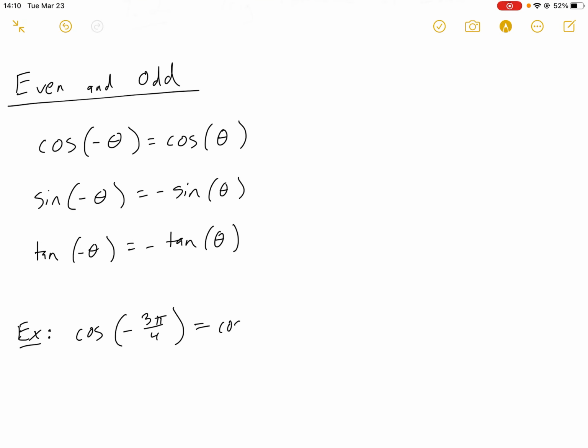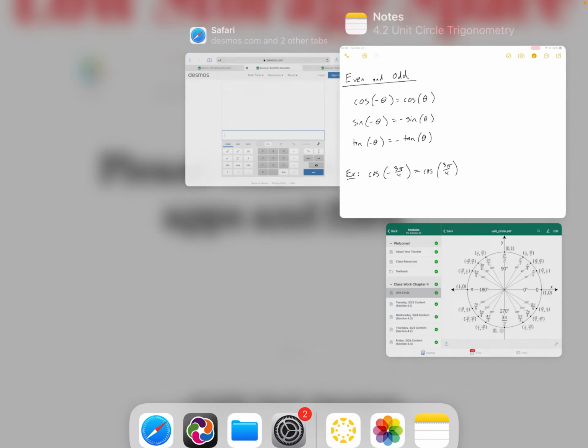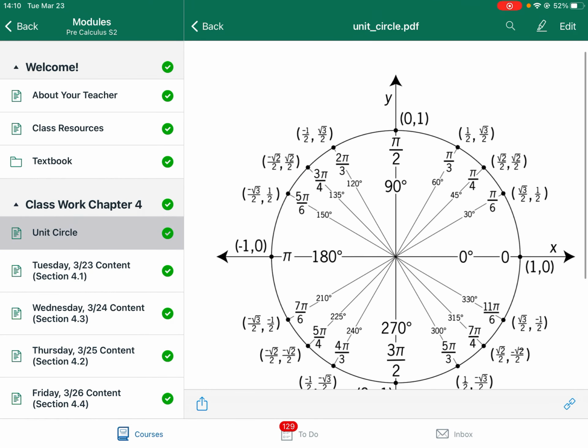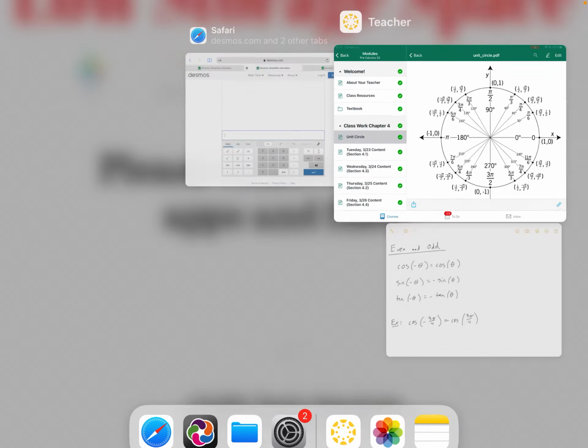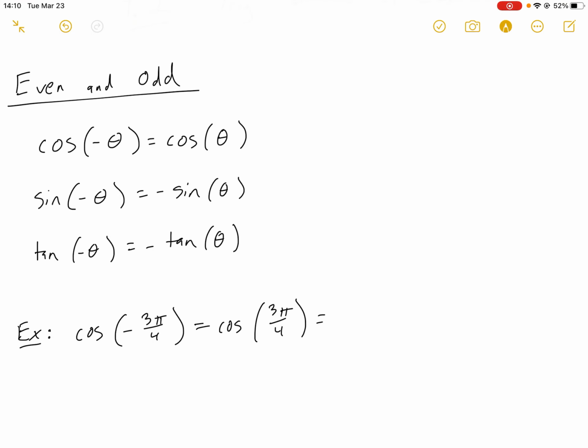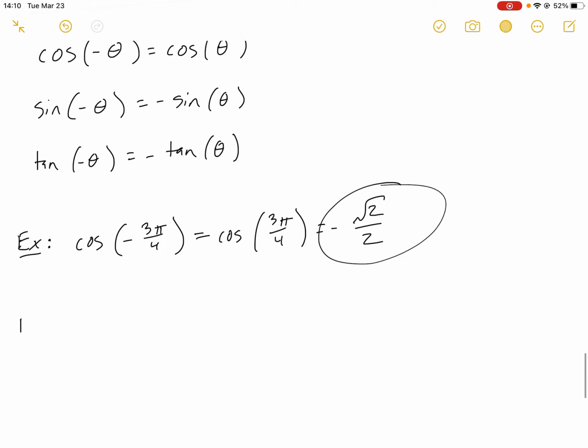So what we can say is, this is actually the same as cosine of positive 3 pi over 4. Identify where that is. I can't mark on this, but you can hopefully identify where the 3 pi over 4 is. And we want the x value, so that ends up being negative square root of 2 over 2. And that would be my final answer.